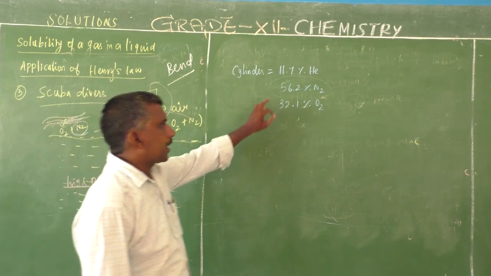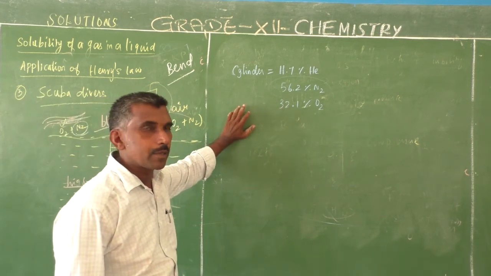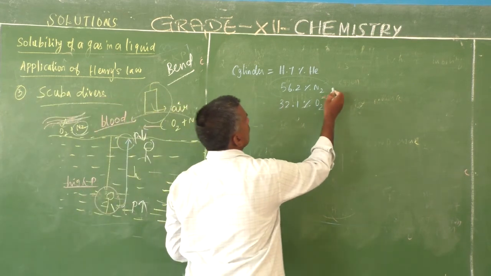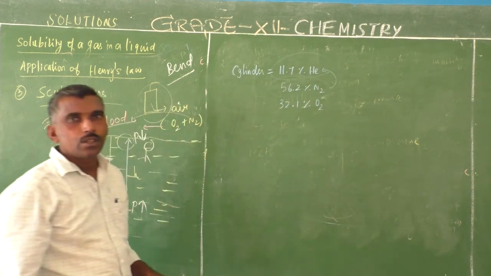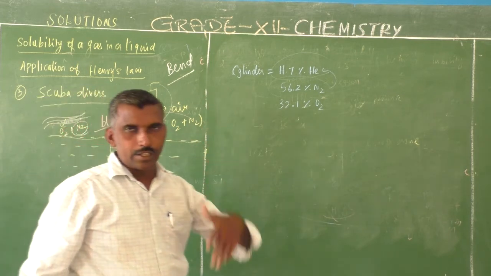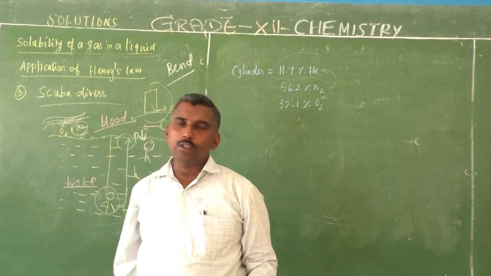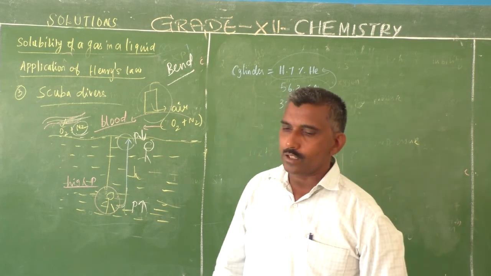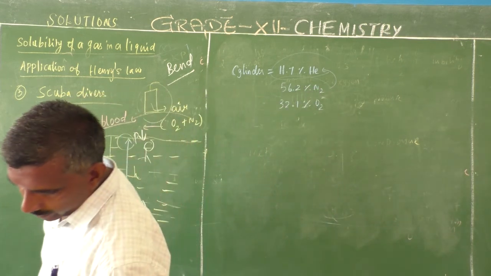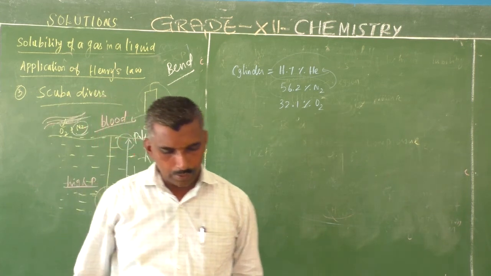Normally nitrogen is about 70%; it is reduced to 56%, and helium gas is added. So the amount of nitrogen is reduced. Then it is used by scuba divers for research purposes. Okay, that's all.